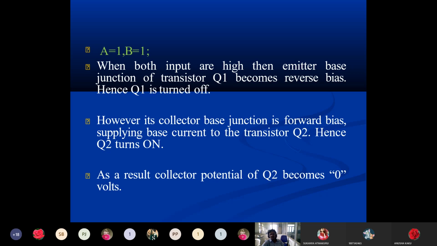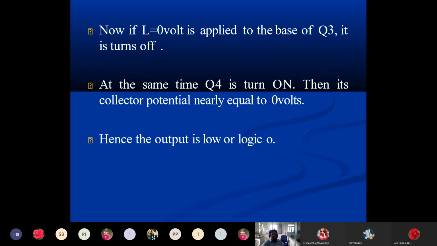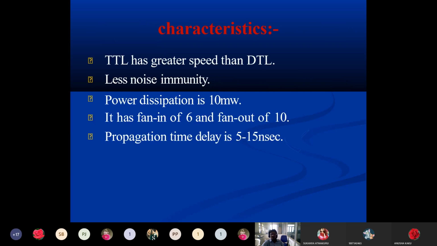As a result, the collector potential of Q2 becomes 0 volts. So if 0 volts is applied to the base of Q3, it turns off. At the same time Q4 is turned on, then its collector potential is nearly equal to 0 volts. Hence the output is low or logic 0.